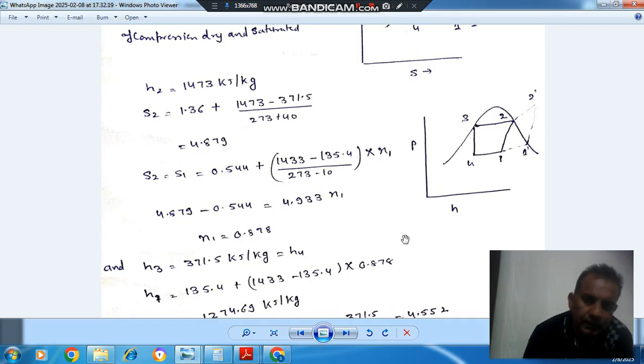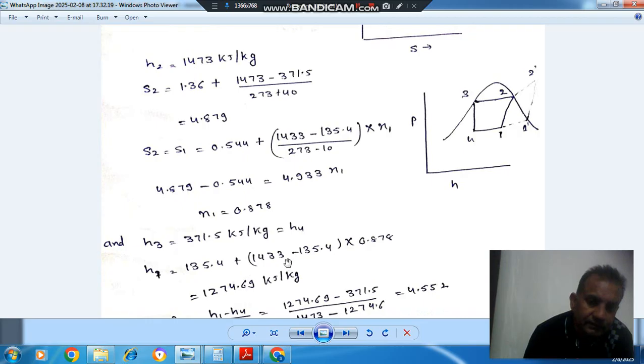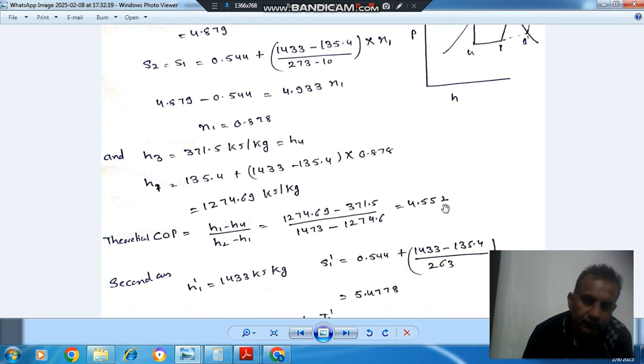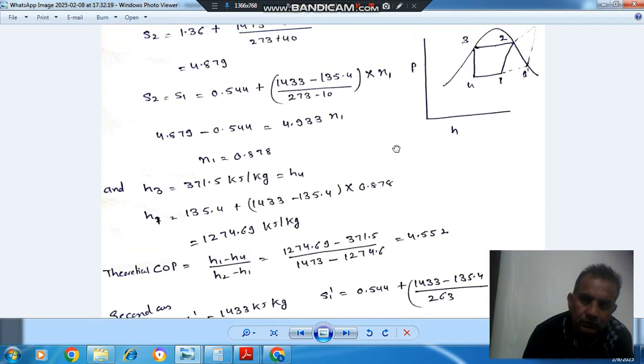And H1, now we have dryness fraction, we have enthalpy of liquid at minus 10 degrees Celsius, and enthalpy of evaporation is 1433 minus 135.4 multiplied by dryness fraction, so we can calculate H1 also. So 1274.69 kilojoule per kg. So theoretical COP is H1 minus H4 divided by H2 minus H1. So that comes as 4.552. So that is your first case, theoretical COP.